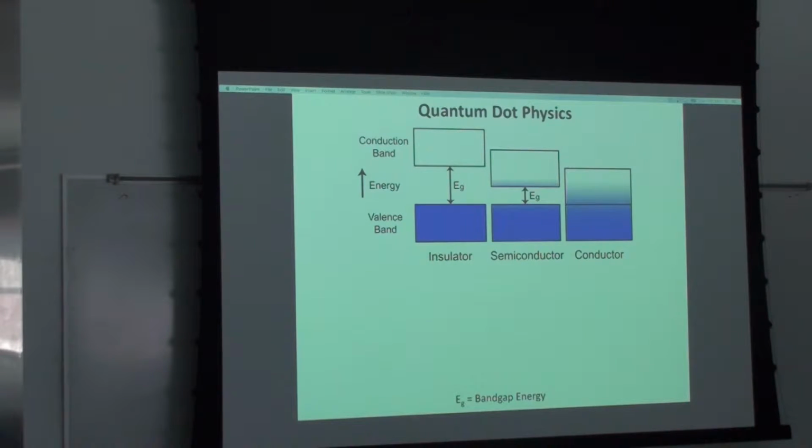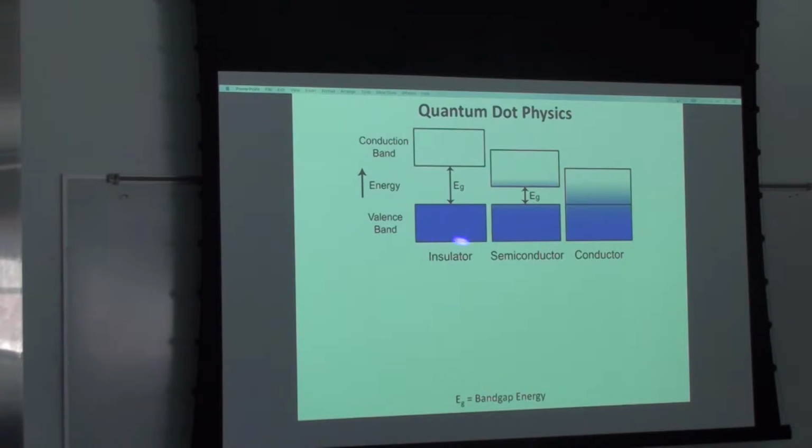The same thing happens in a semiconductor. So the three defined states or types of solid state matter are generally considered to be, from the physical perspective, insulators, semiconductors, and conductors. What this depicts is electronic energy levels.